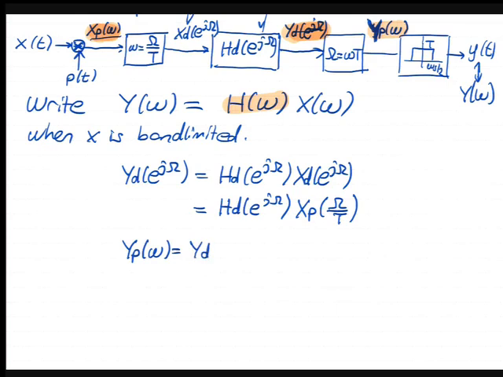I have to take Yd and eliminate capital omega by little omega T. Okay, I already have the expression for Yd, so all I have to do here is eliminate capital omega and put little omega times T. So that means I get Hd e to the j little omega T times Xp of omega.